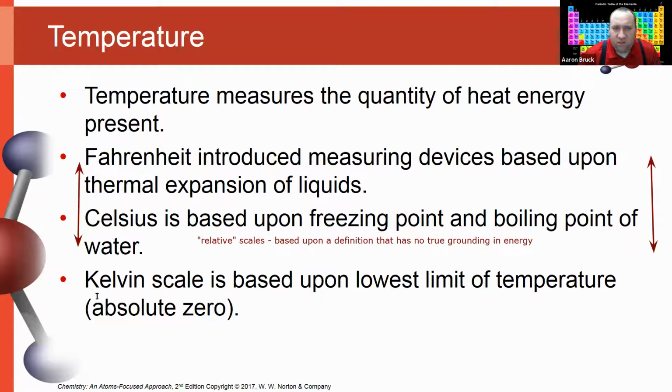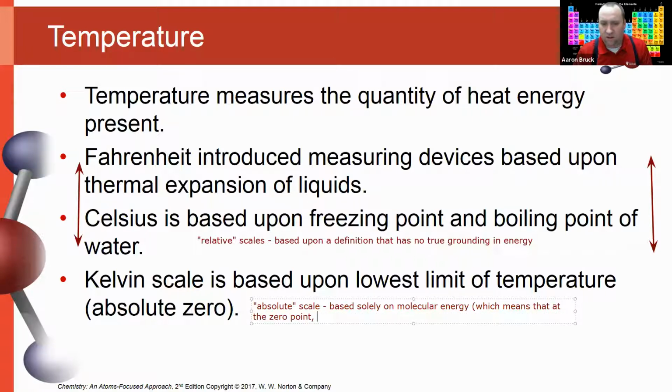Now, this is different from Kelvin. The Kelvin scale is what we call an absolute scale. The absolute scale for the Kelvin scale is based solely on molecular energy. And this, of course, means that at the 0 point, molecules would have no energy and would not be moving.